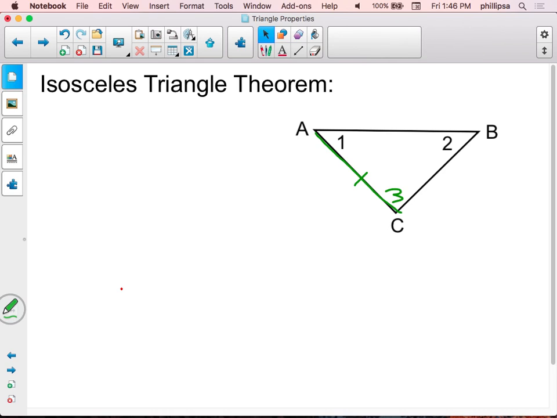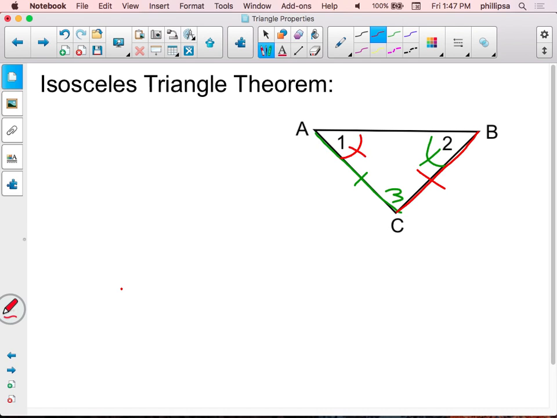Same thing with CB. What two angles touch CB? Right. Which one doesn't? Angle 1. Angle 1 is opposite that side. Do you guys understand that?